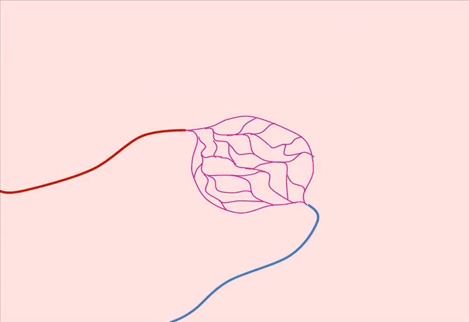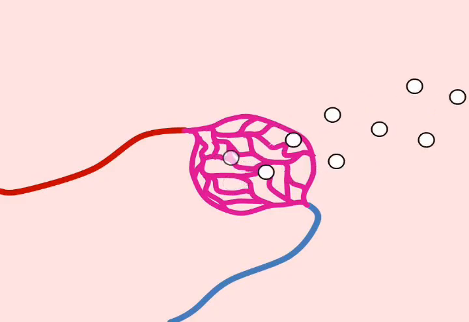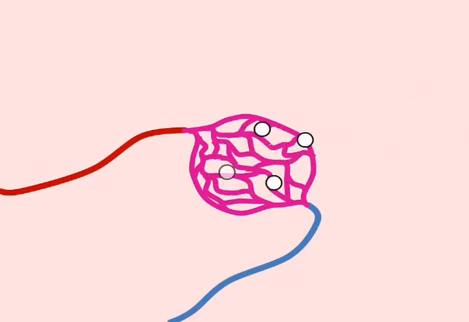The migration of the white blood cells is made possible by the dilation and increased permeability of these capillaries. After the capillaries dilate, circulating white blood cells are able to slip through the vessel wall and make their way to the wound.